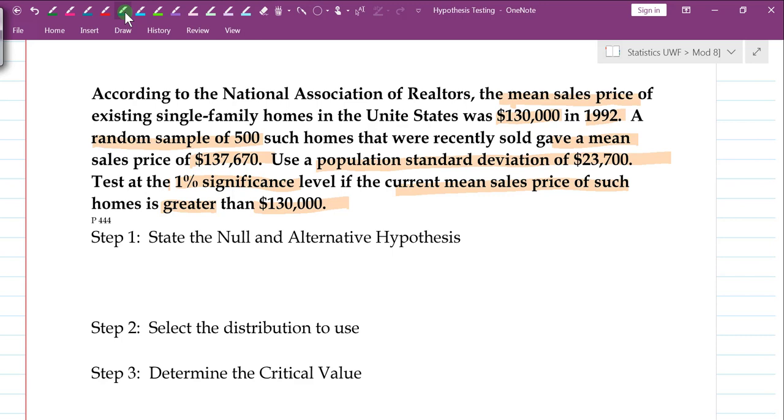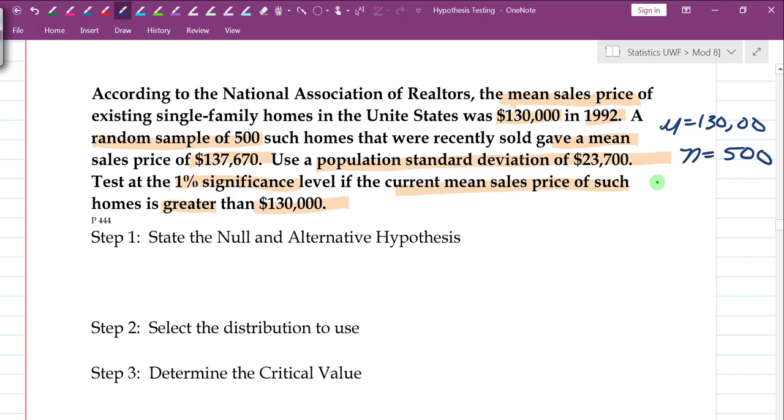Okay, so let's gather our information that we know. We know that in the past, in 1992, mu was equal to $130,000. We took a sample of 500, n equals 500, and we found from that a mean price of $137,670.